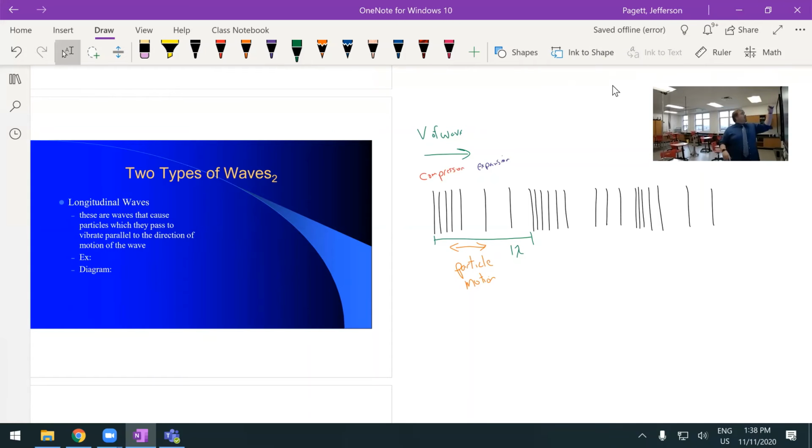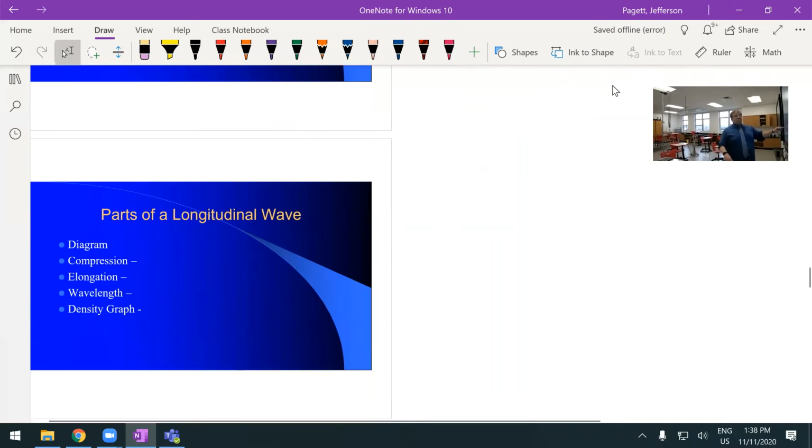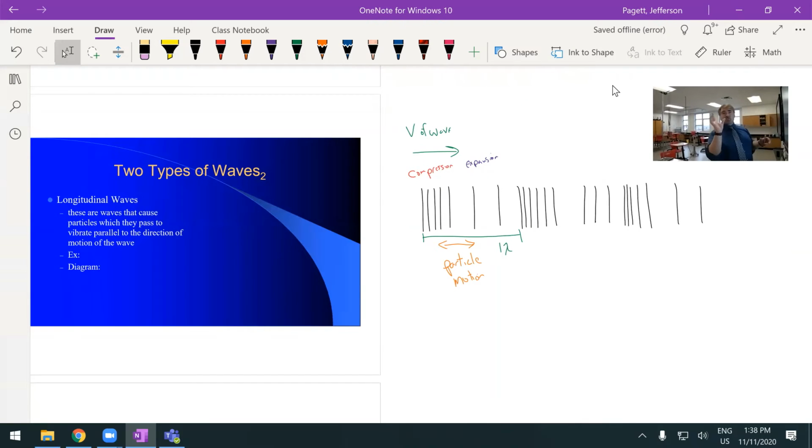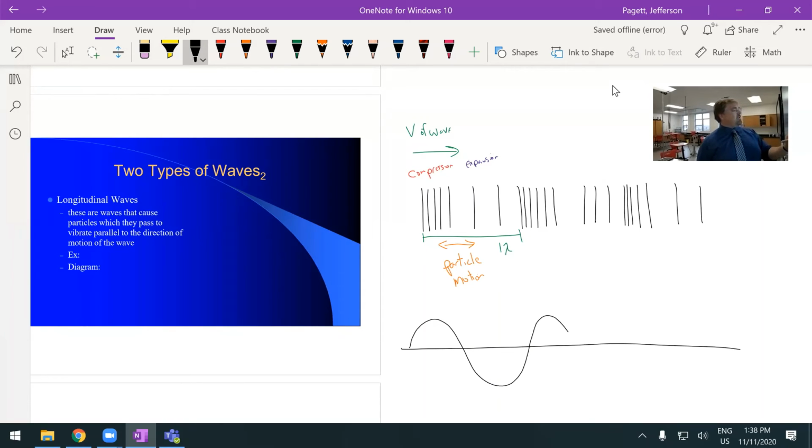Now, the other thing that I put down on this slide was the density graph. If I were to look at the density, compressions are regions of high density. And so if I were to do a density graph of this, I have a spot of high density, spot of low density, spot of high density, spot of low density, high density, low density.